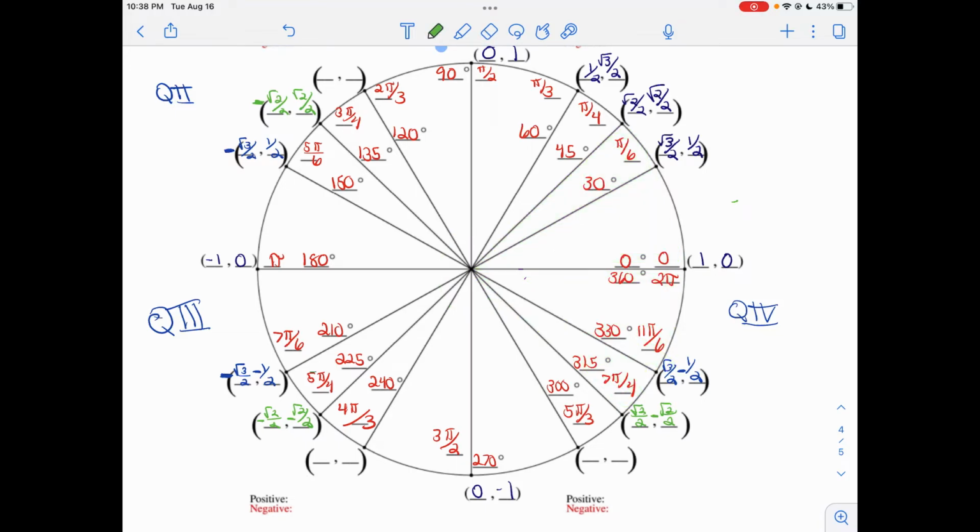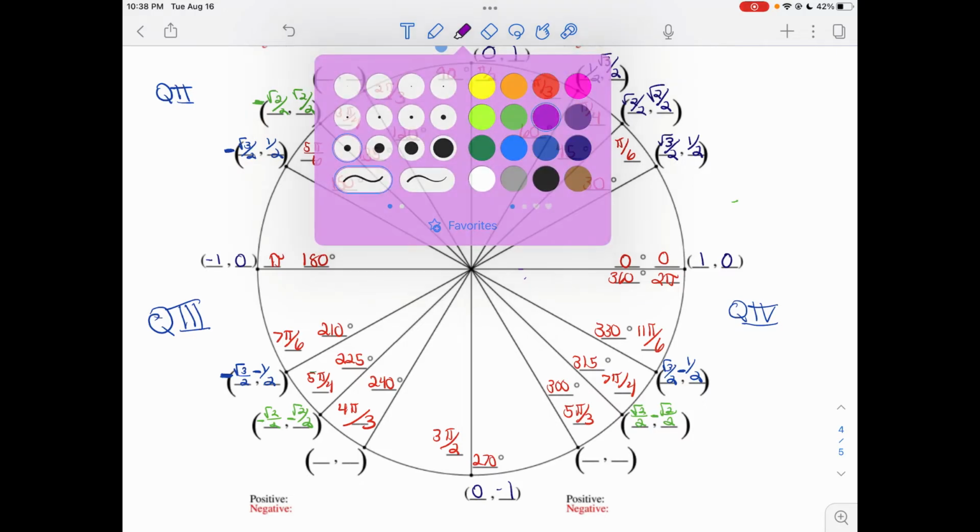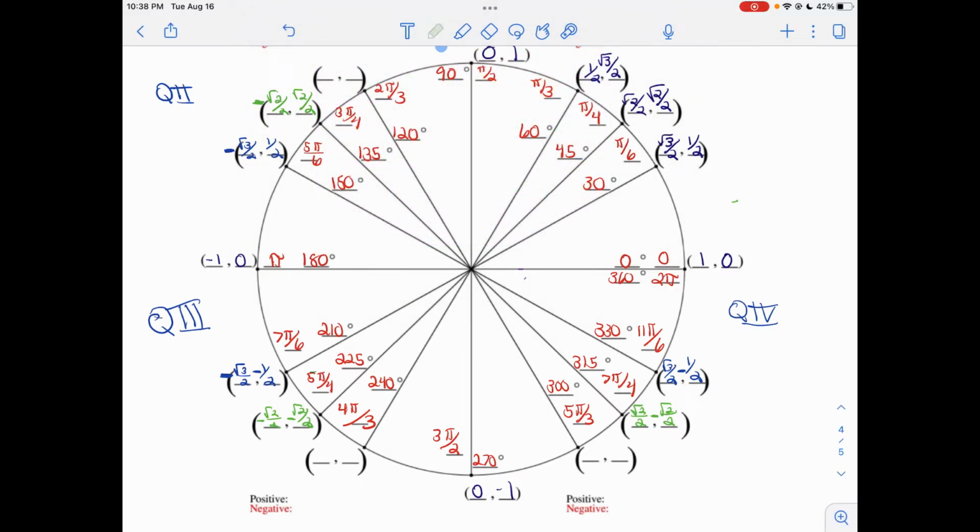Okay, then I move on to my next special angle in quadrant 1, which was 60 degrees. We'll do this in purple. Okay, so in quadrant 1, 60 degrees is here. All right, so that 60-degree angle gives us a point 1/2 and square root of 3 over 2.